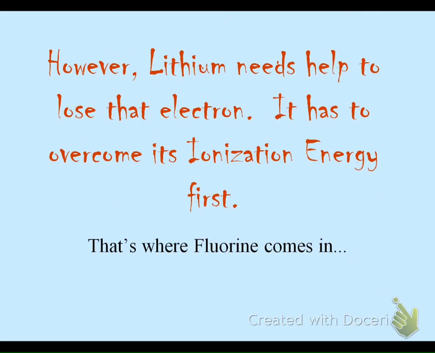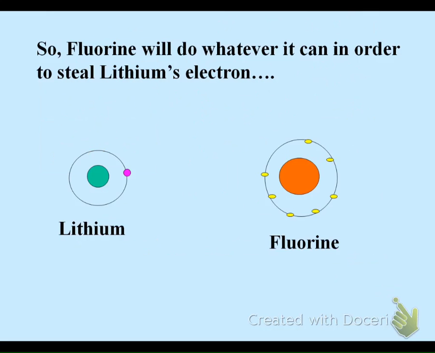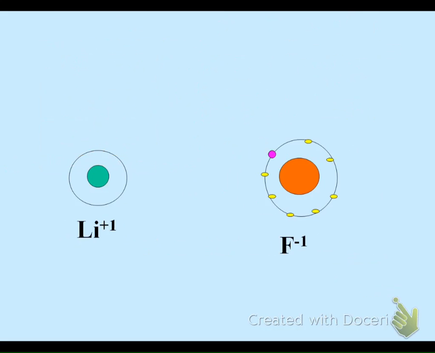It has a full first energy level, and then it also has 7 valence electrons. So fluorine really wants 1 more electron, and lithium has 1 to offer. With a low ionization energy, lithium easily gives up, or has it taken, however you want to think about it. Fluorine takes that electron from lithium and becomes the fluoride ion.